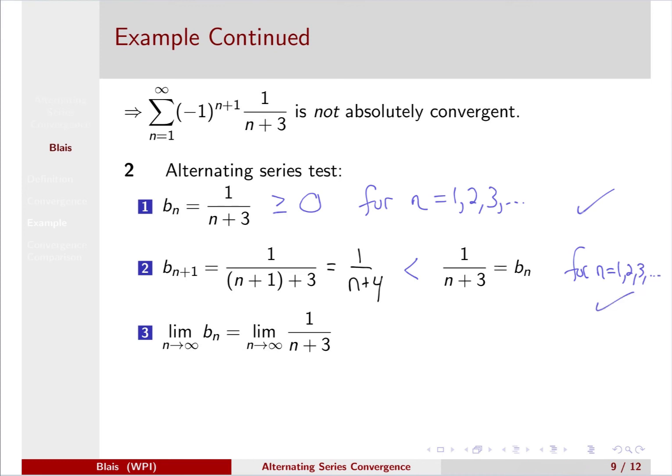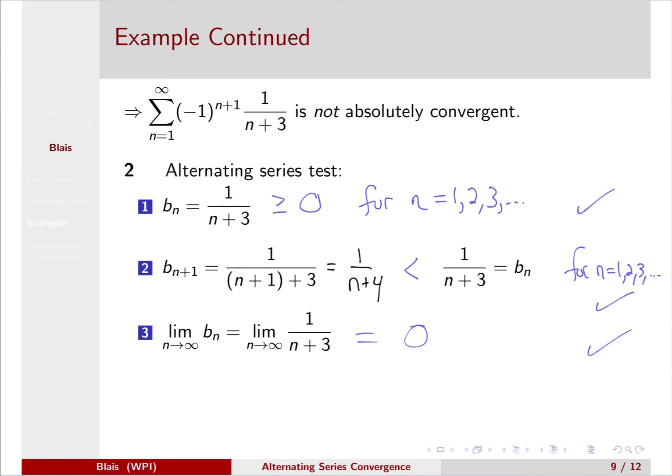And the third condition, the limit as n goes to infinity of the terms themselves without the (-1)^(n+1). We have the limit as n goes to infinity of 1 over n plus 3, and we see that that is 0.